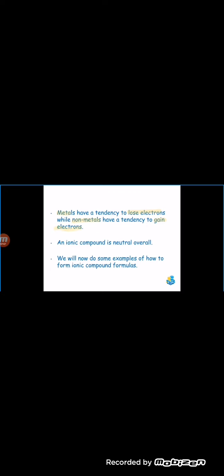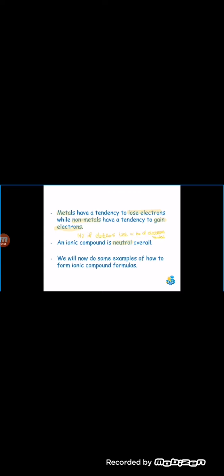So that means that the metals will have a positive charge and the non-metals will have a negative charge because they're gaining those negative electrons. Now, an ionic compound is neutral overall, so that basically means the number of electrons lost must be equal to the number of electrons gained.